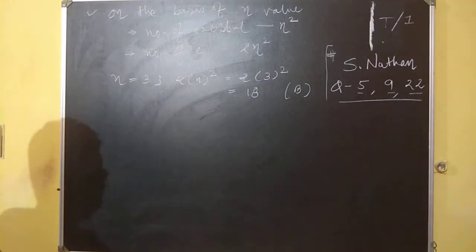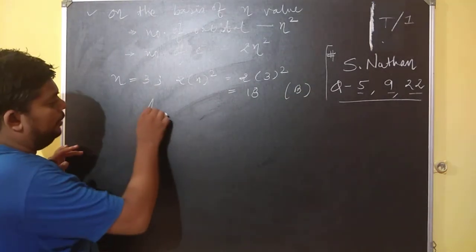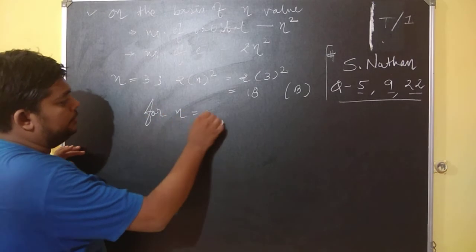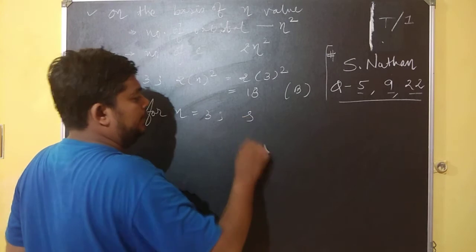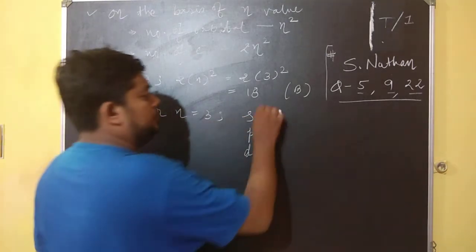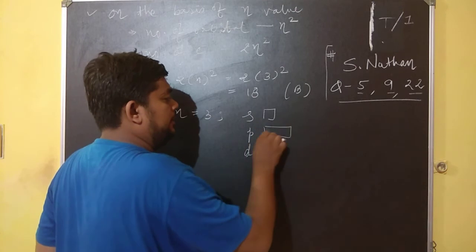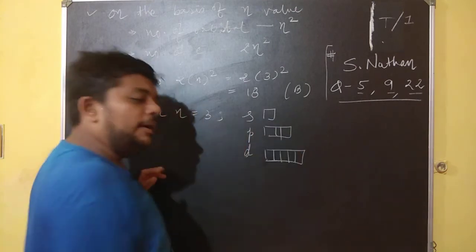If you could have gone another way, you are very much aware that for n equal to 3, there are 3 suborbits, particularly S, P and D. For S, there is 1 orbital, for P there are 3 orbitals, and for D there are 5 orbitals.